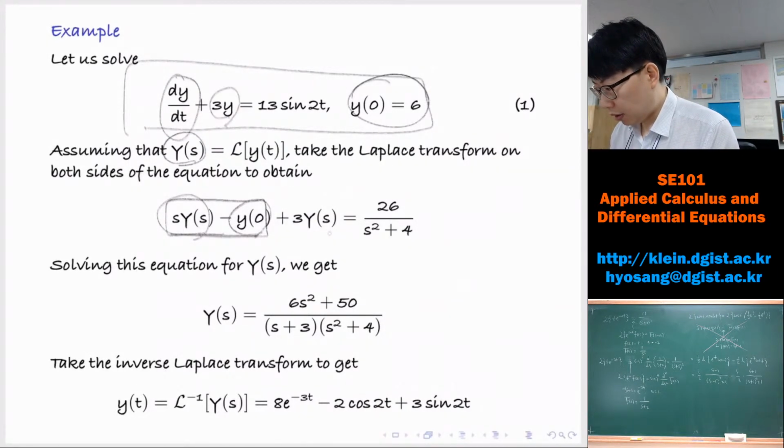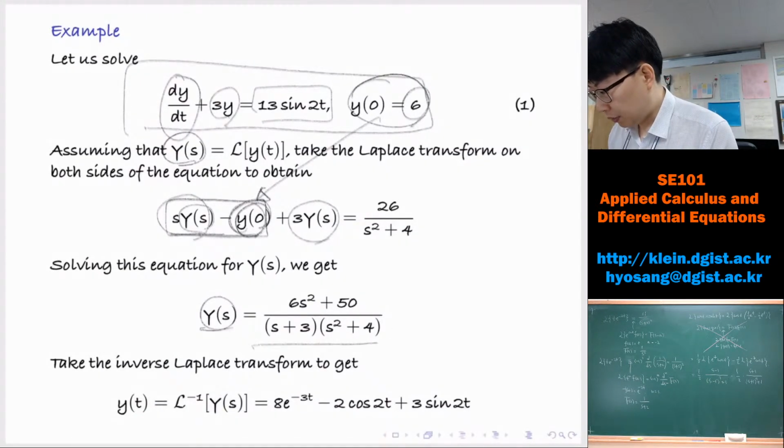And 3y transforms into 3 large Y, obviously. And this term becomes 26 over s squared plus 4. Okay. Now, if you simplify for Y of s, then we plug in y of 0 equals 6 here. We get this formula.